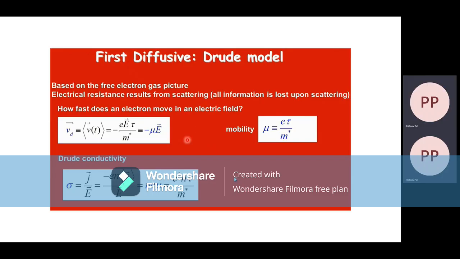In the Drude model, electrons travel at a very high instantaneous speed through a material such as a metal conductor. However, their average motion is described by the drift velocity, which is linearly proportional to the electric field or the voltage applied to the sample, and the coefficient of proportionality is called the mobility.